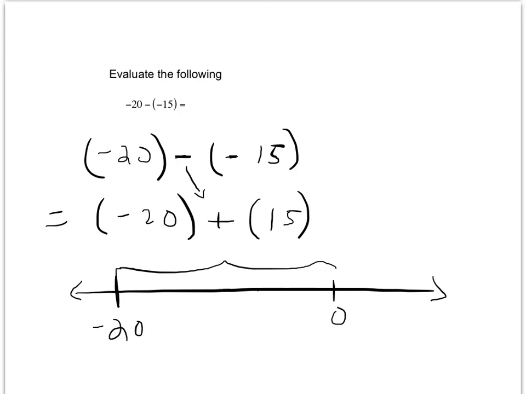And if I add this positive 15, well, positive 15 goes to the right, and I'm going to go 15 units to the right, and that's about there. That's 15 units, and that leaves me at negative 5. So negative 20 plus 15 is negative 5.